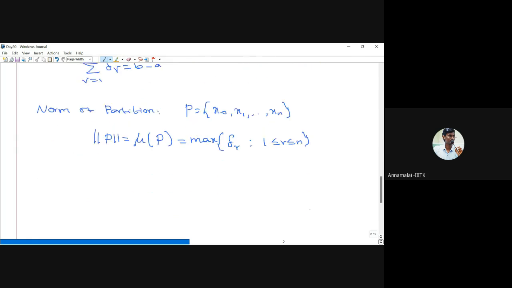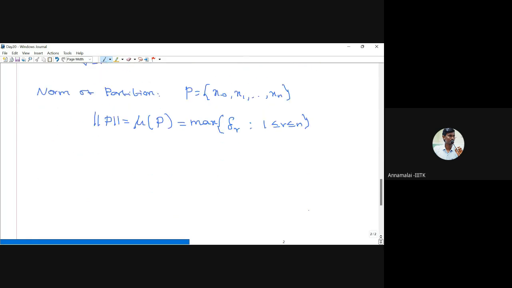For example, if we take the closed interval 0, 1, and the partition 0, 1 by 2, 1, these are 3 points, so I split the interval 0 to 1 into 2 parts.